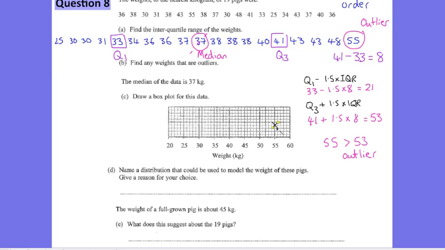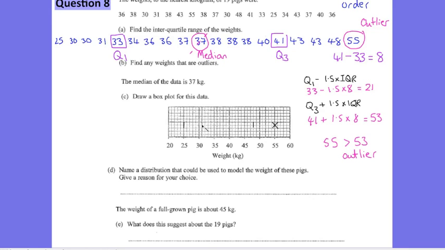Our largest value, except for the outlier, is 48. So going across here to 48. So we will go here. And our smallest value at the other end is 25. So just a small mark for the minimum and maximum values.